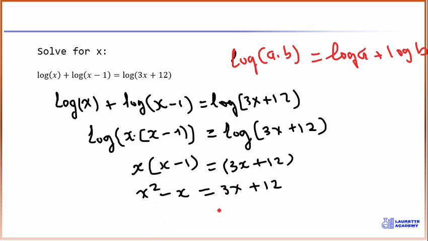We bring like terms together, or bring all the terms to the left hand side. Since this is a quadratic equation, we'll have that x squared minus x minus 3x minus 12 is equal to 0.